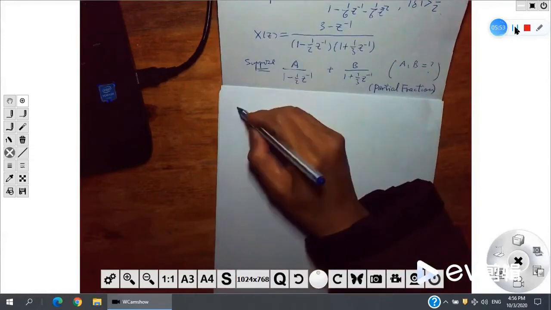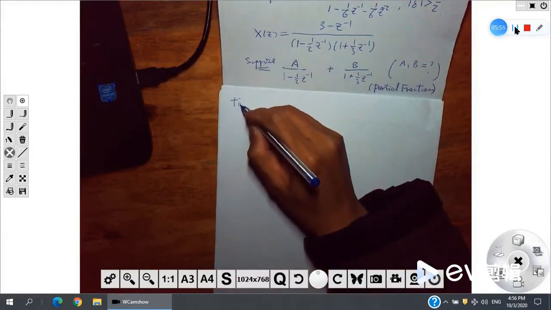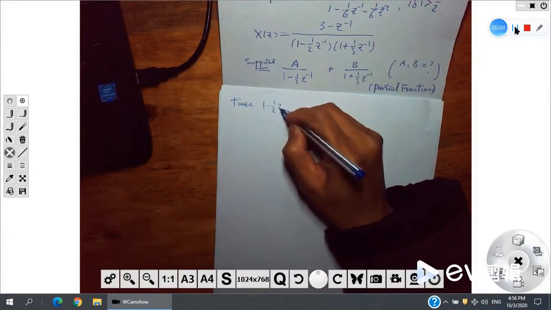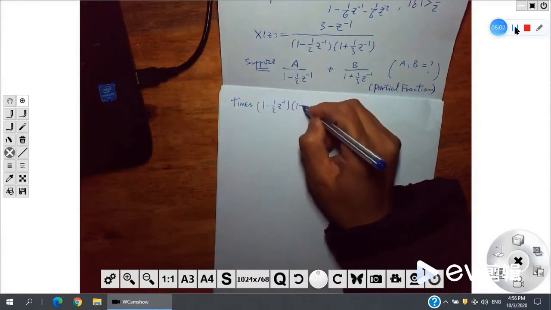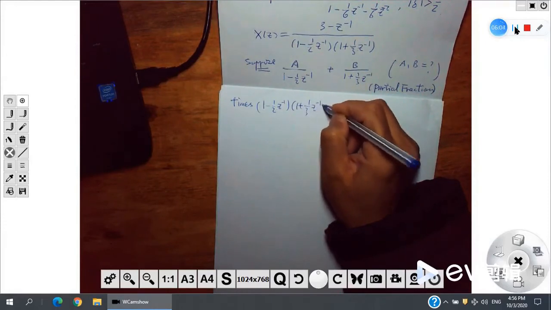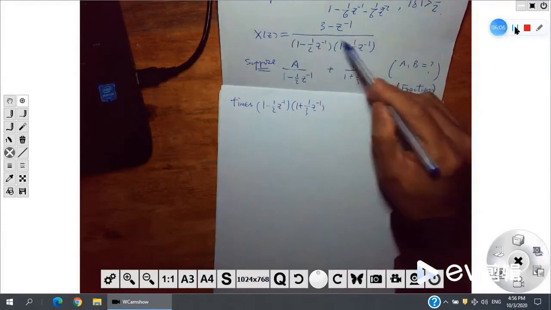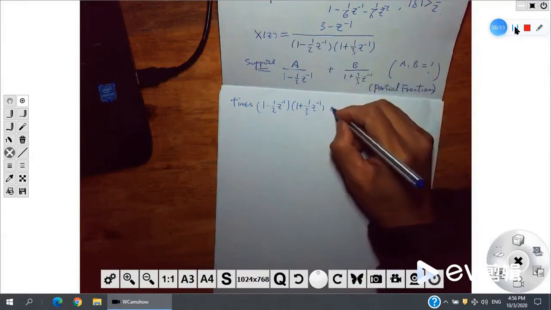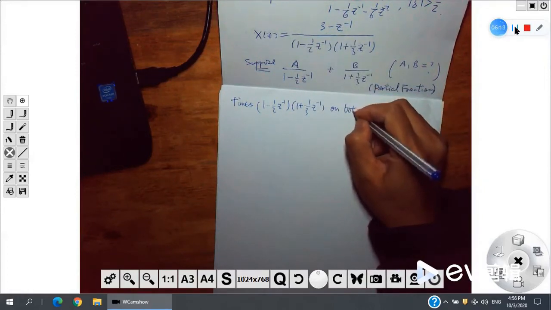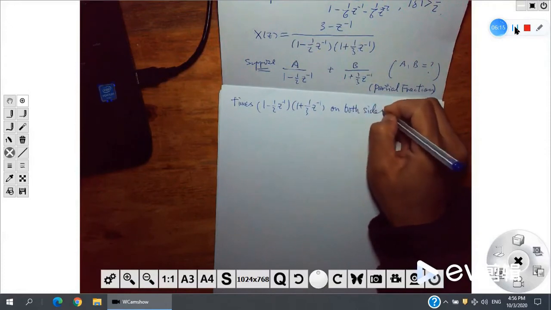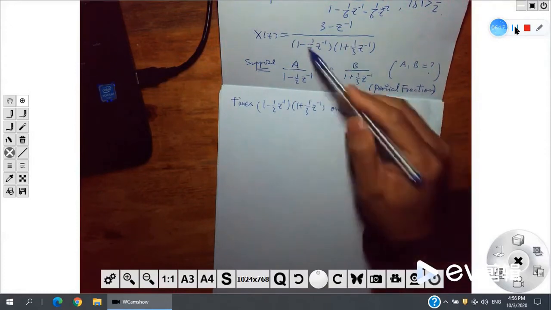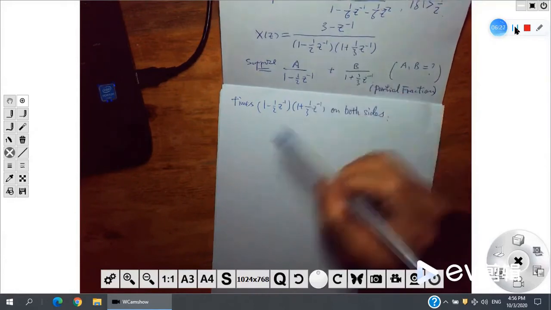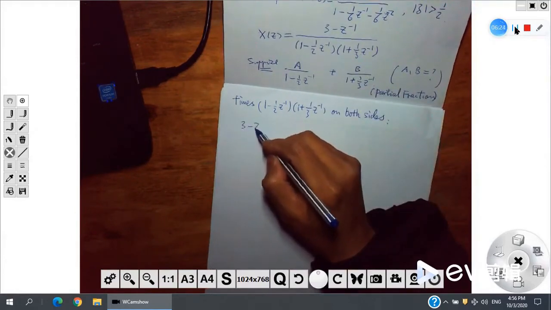Now multiply by 1 minus 1 half z to negative 1 and 1 plus 1/3 z to negative 1. This is the denominator of the whole fraction. We multiply these on both sides. On this side, I get 3 minus z to negative 1.